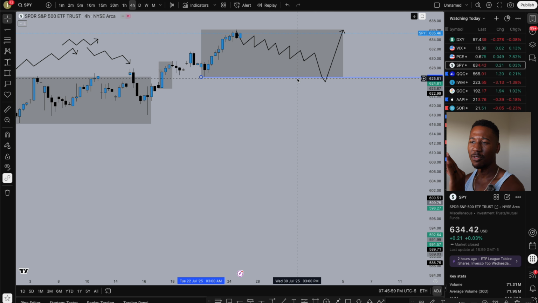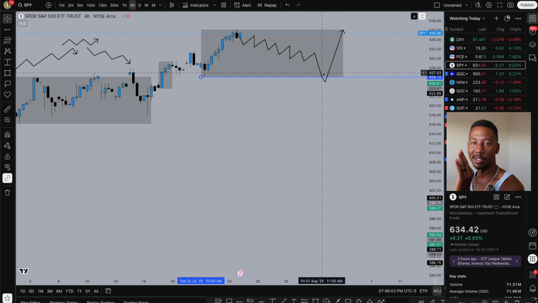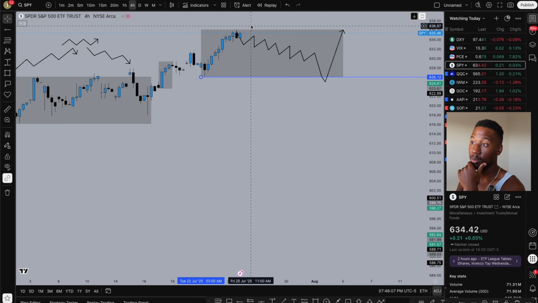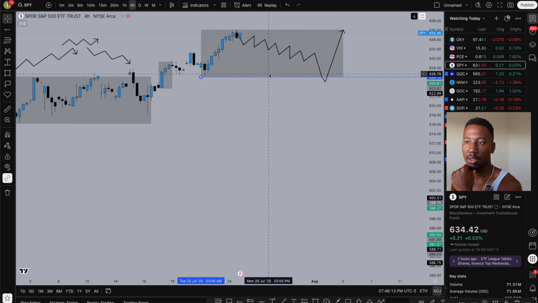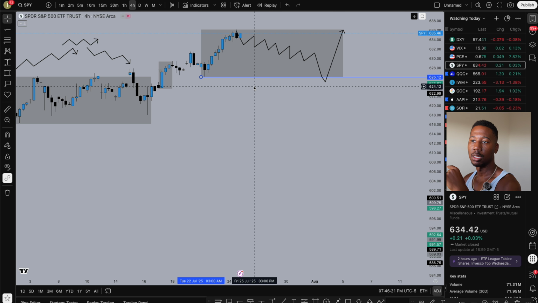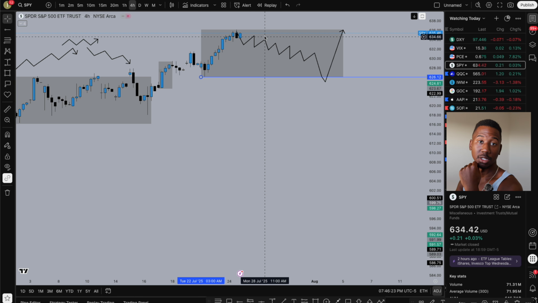Even if it goes a little bit below it, this area is going to be a good buy area. So anywhere from 635 or 636 down to 626, getting a call, unless we break this and get candle closes below this, the move is going to be to ride it back up to the top of the range.